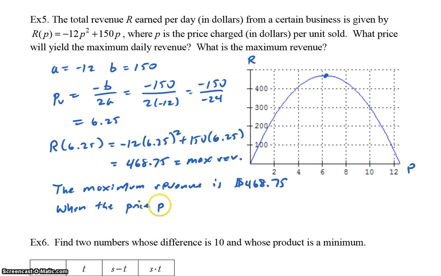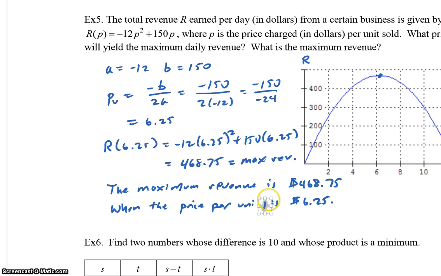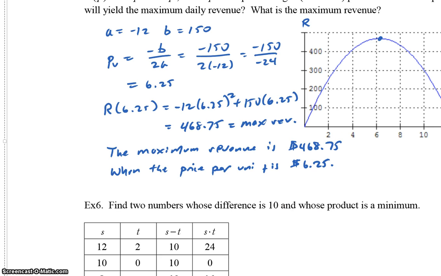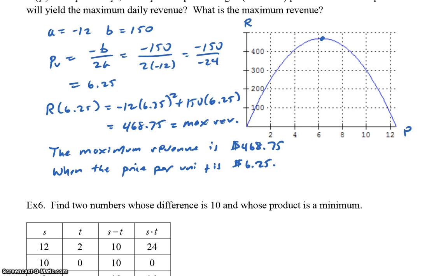For prices other than $6.25, the revenue is less than that amount.